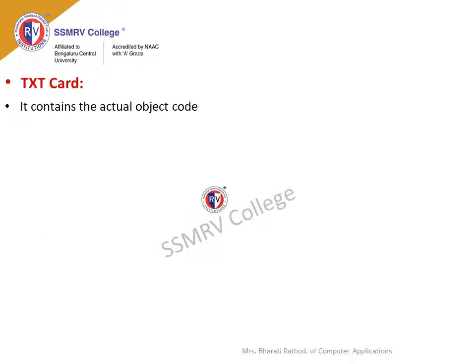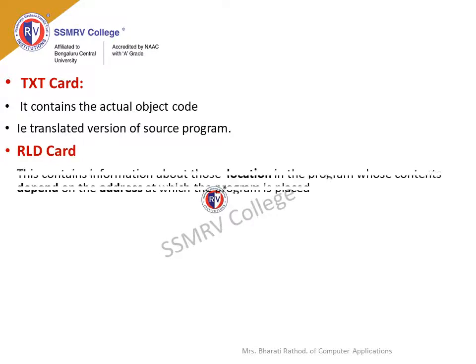Text card. It contains the actual object code, that is, the translated version of the source program. Relocation and linkage dictionary contains information about those locations in the program whose contents depend on the address at which the program is placed.